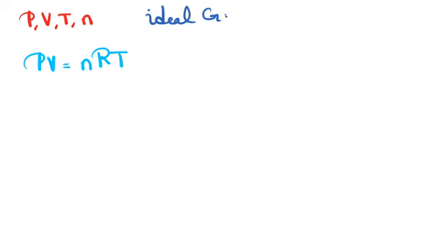If we are going to combine our knowledge regarding pressure, volume, temperature, and mole, we are going to conclude to this law. We call that ideal gas law. Ideal gas law means we assume that our gases behave ideally.